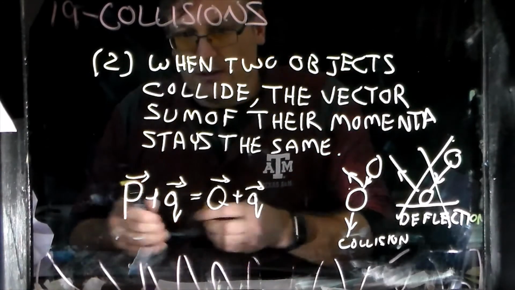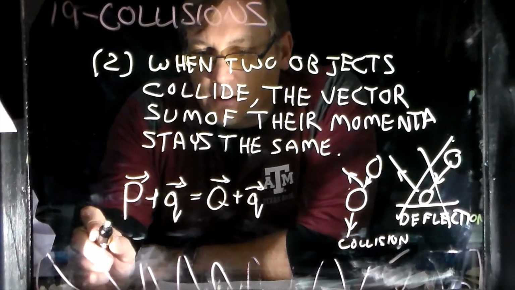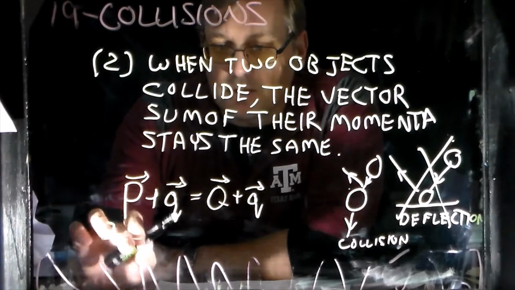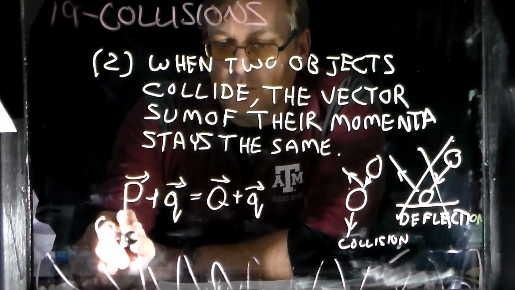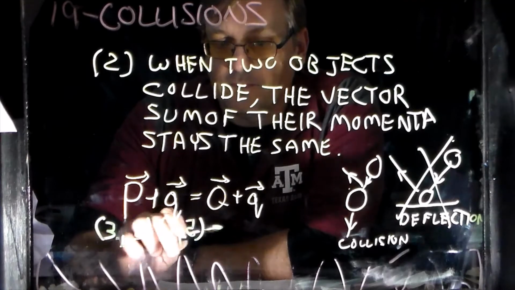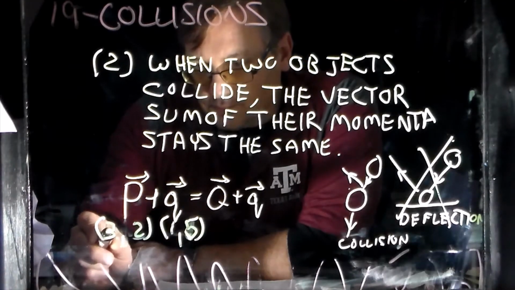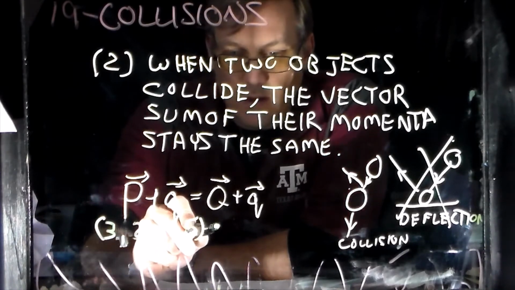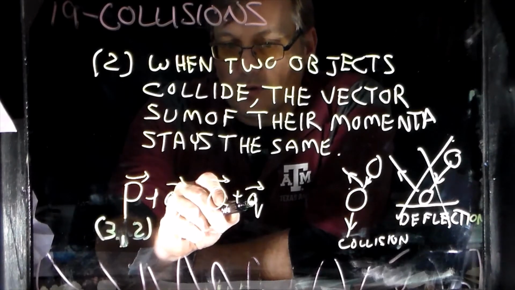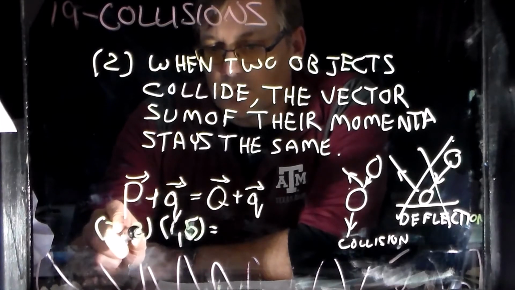So let's see. Let's pull out a different color for this. So if I had, let's call it 3 and 2 here, and 1 and 5 there, then when I add these up, whatever I have for the two momenta here have to add up in the X direction to be 4 and in the Y direction to be 7.